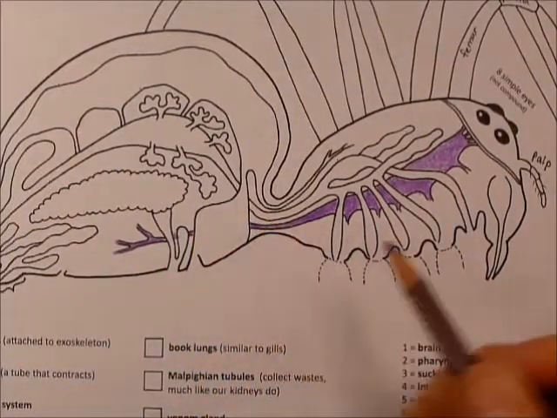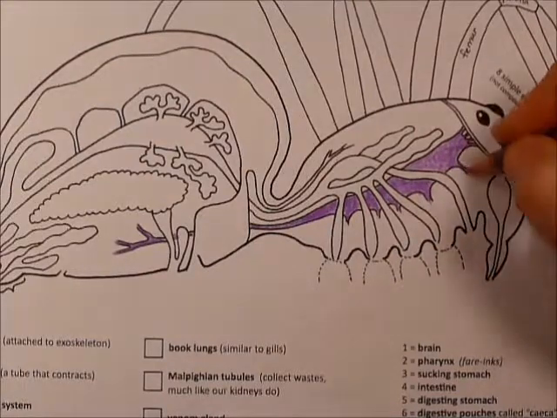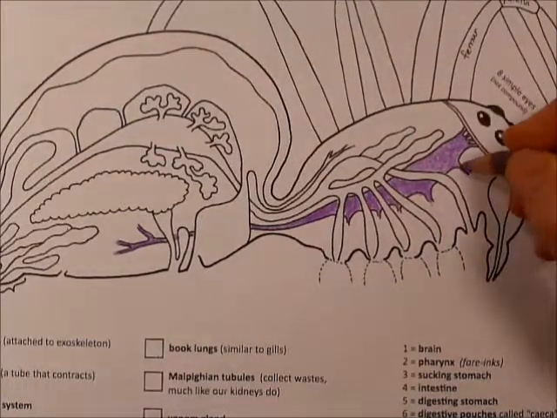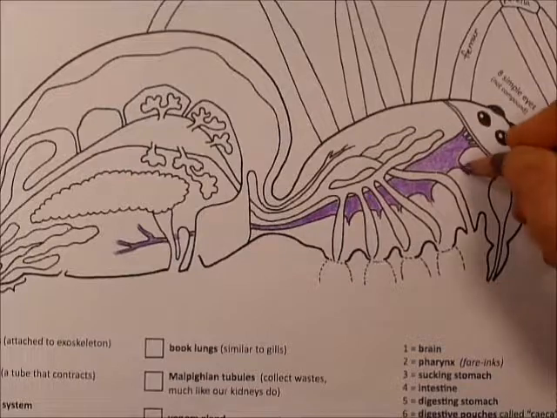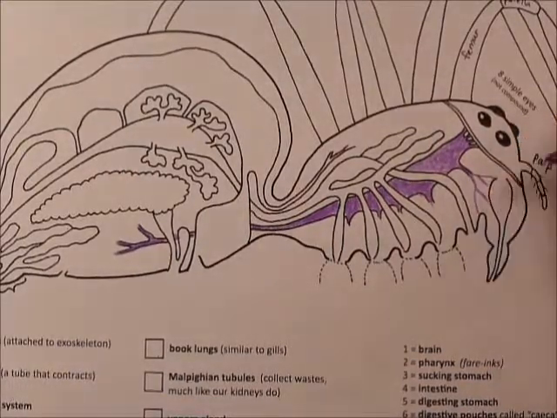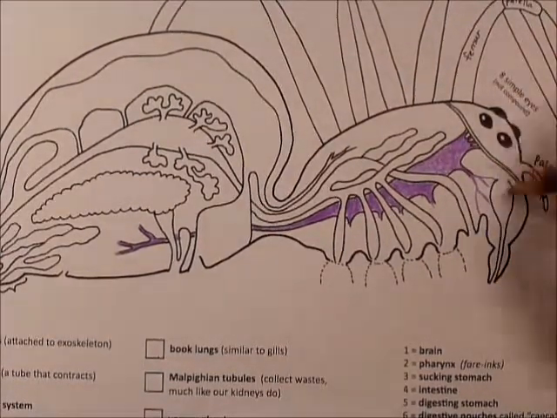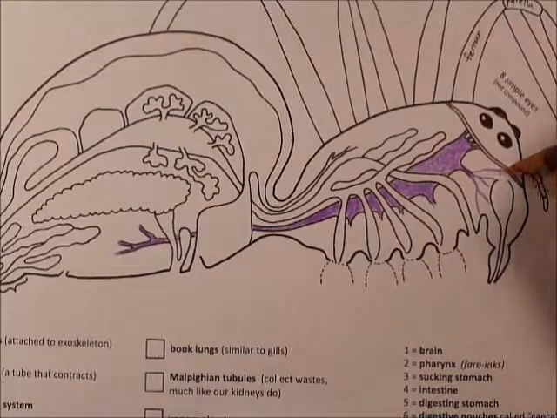Now it has some places where it just stops like that, goes off. And this is for you to fill in some extra branches going off, because the nerves will come off this main area. This is kind of like the brain. And the nerves will connect to just about everything.